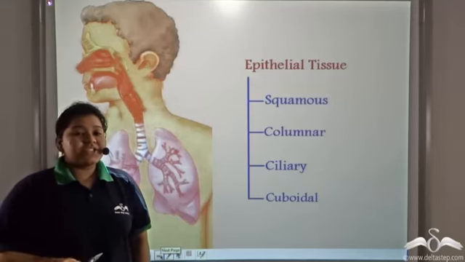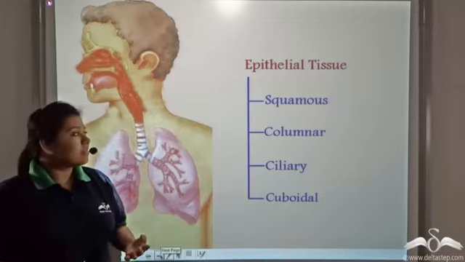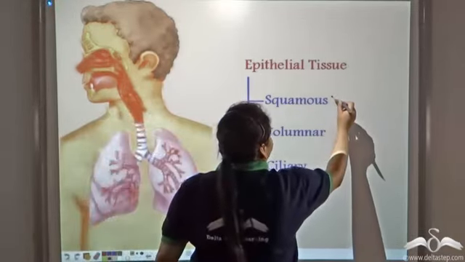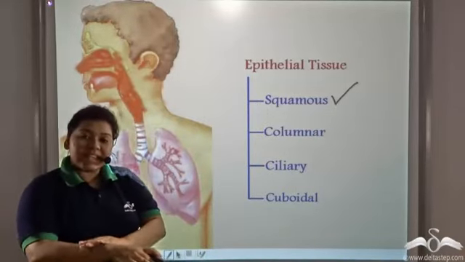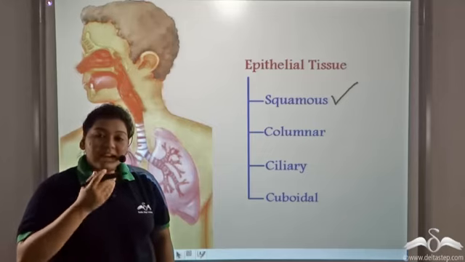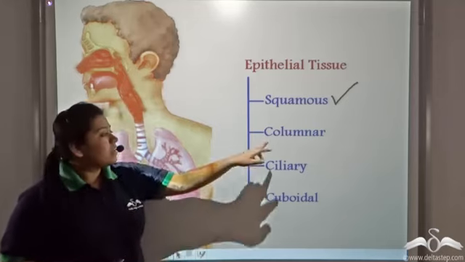So epithelial tissue that is present in our body can be of 4 types. Squamous epithelial tissue forms the topmost layer of the skin and the lining of the mouth, nose, tongue, food pipe and windpipe.